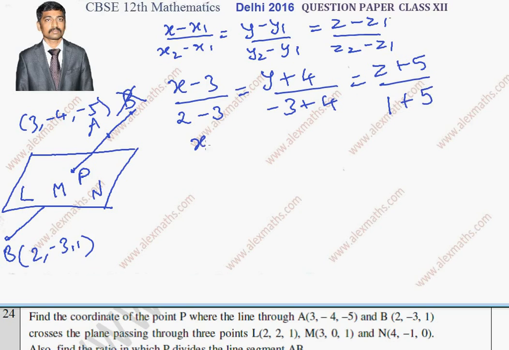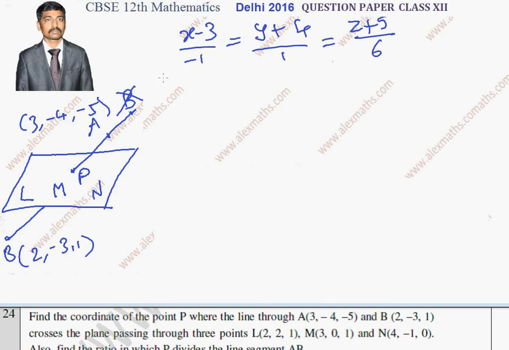So this is (x minus 3) by minus 1 equal to (y plus 4) by 1 equal to (z plus 5) by 6. Okay, I got the equation of the line. Now we'll keep the equation of the line alone separately.